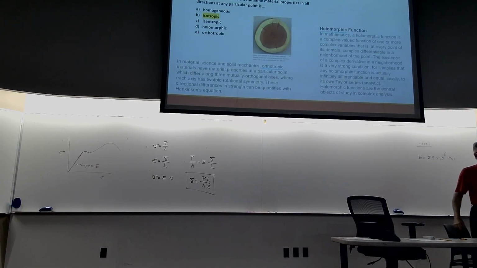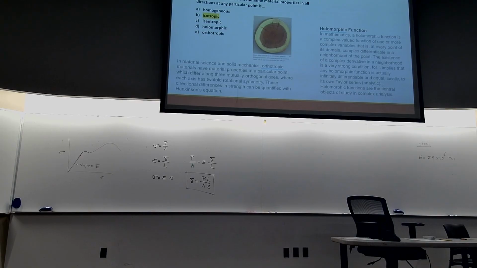And first example, really a question. A structural member for which the properties such as E are the same in all directions is called isotropic. That means if you take a material like steel, E doesn't change with angle.